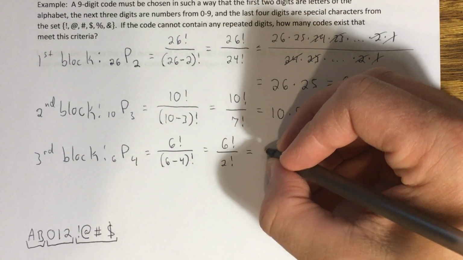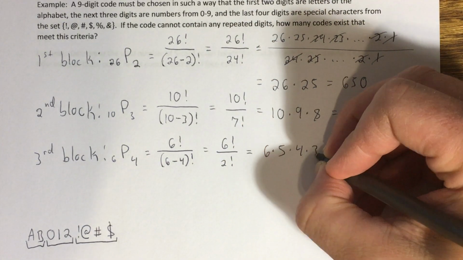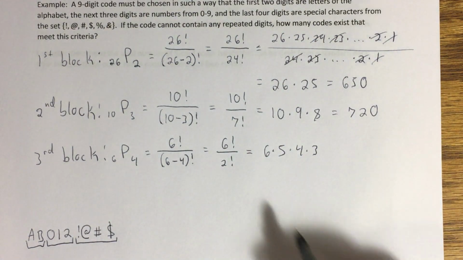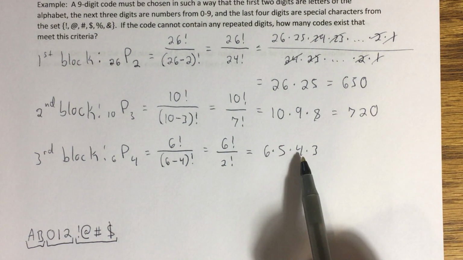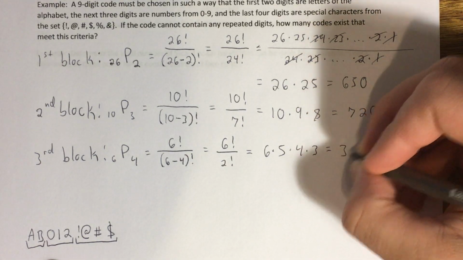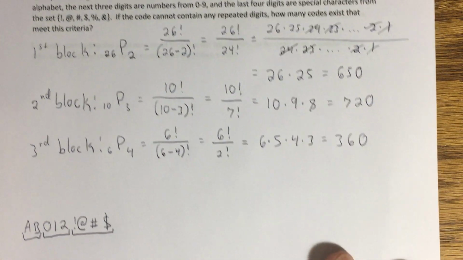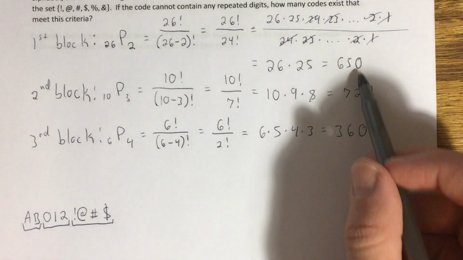Notice, same logic as above. This is equal to 6 times 5 times 4 times 3. Okay? 6 times 5 is 30. 4 times 3 is 12. And 30 times 12 would be 360.